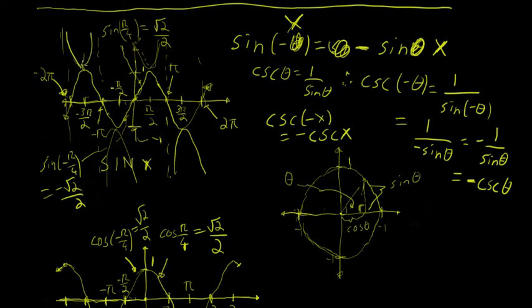It'll be equivalent to 1 wherever sine's 1, and wherever sine's 0, it'll have vertical asymptotes, and around those points it'll be tending to positive infinity on one side of it and negative infinity on the other side of it. And you can see that this is also symmetric about the origin.